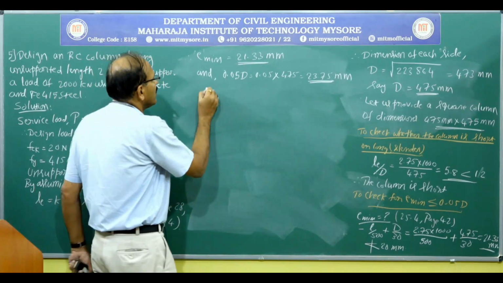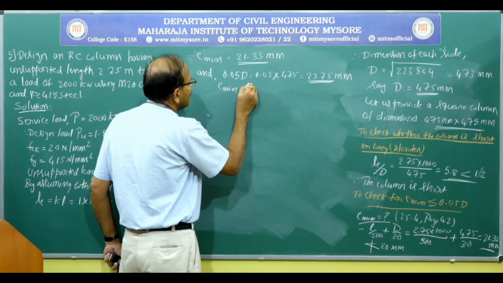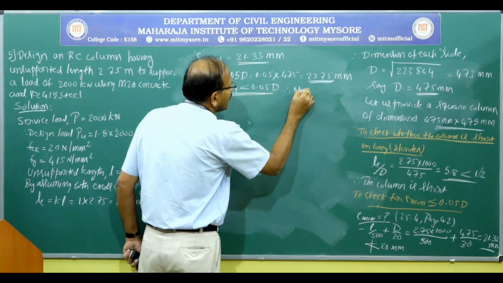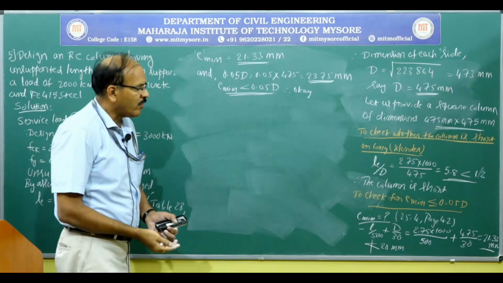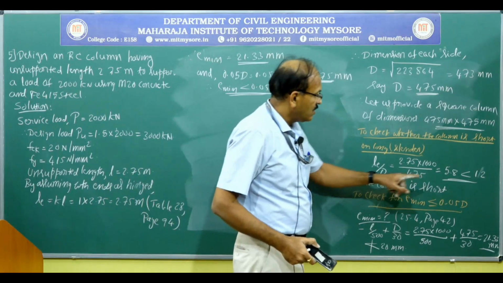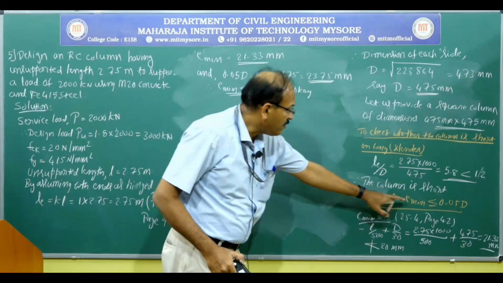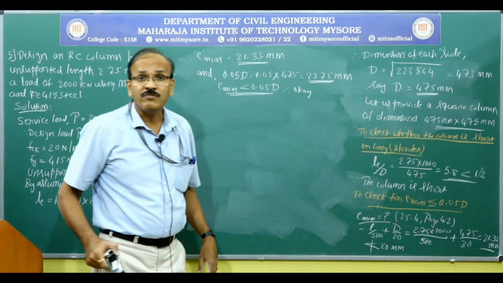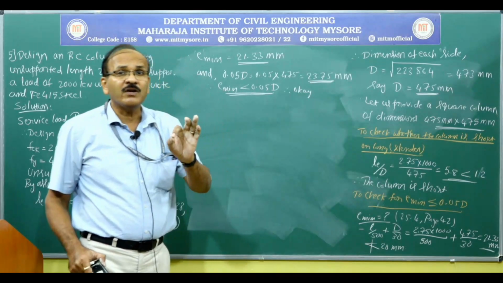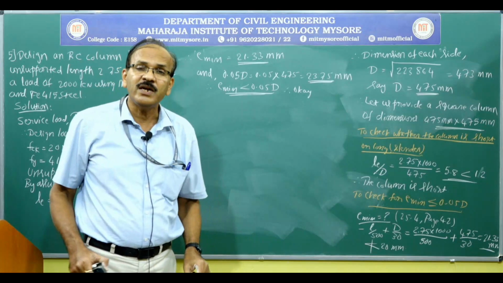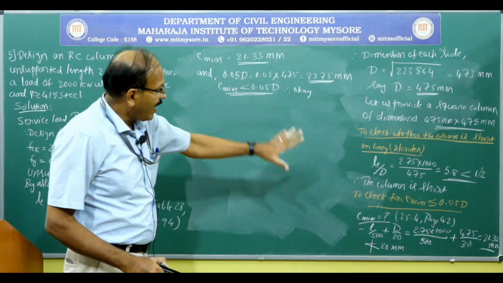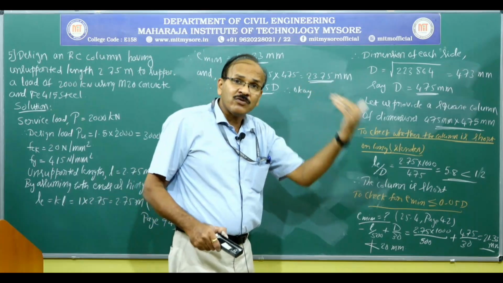Okay. Therefore, here e minimum is less than 0.05 D. Therefore, OK. What is the meaning of OK? Both conditions are satisfied. That is, the column is short and e minimum is less than 0.05 D. That way we are justified in making use of the formula given under 39.3 on page 71 of the code book.